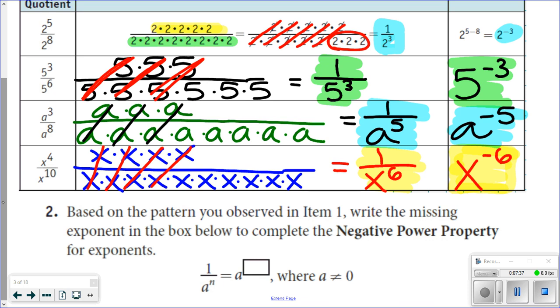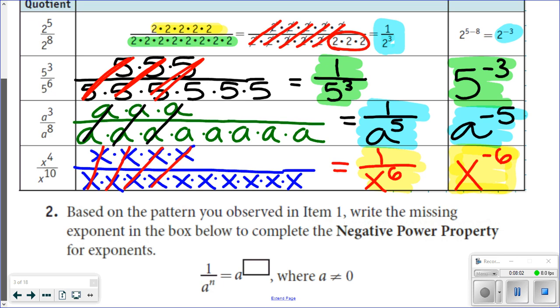One's a positive exponent, one's a negative exponent. My base is the same. Notice I have 2, 2, 5, 5, A and A, X and X, so my bases are the same. And the ones in the middle column are fractions. They all have 1 on the top, and they have positive exponents.